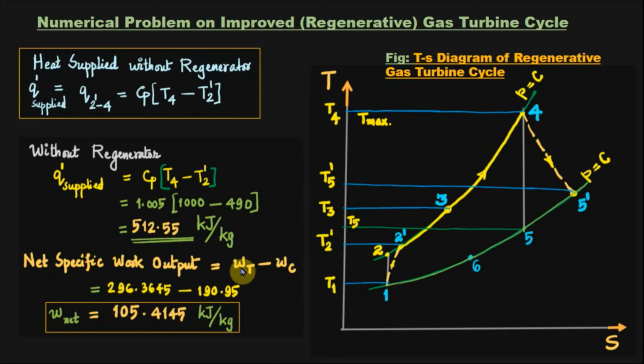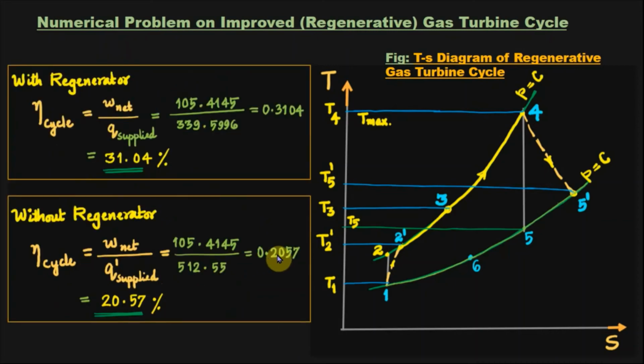Specific work done by the turbine is 296.3645, and work done on the compressor per unit mass of air is 190.95. So if you subtract, you will get the net specific work output as 105.4145 kilojoule per kilogram. Remember, this net work output will be the same whether we use regenerator or not.